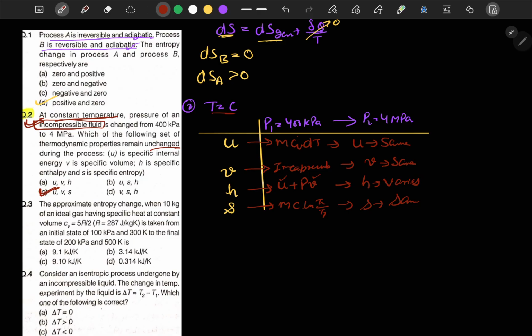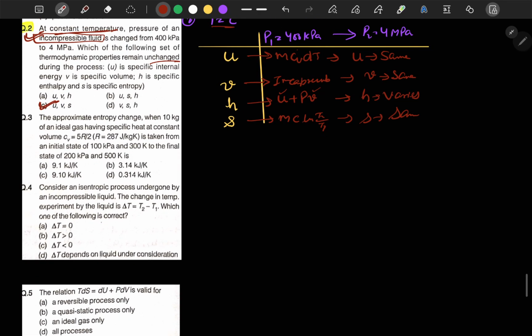Okay, now moving to the next question. It is asked: the approximate entropy change when 10 kg of ideal gas having a specific heat at constant volume 5 R by 2, R equal to 287, is taken from an initial state of 100 kilopascal and 300 Kelvin to a final state of 200 kilopascal and 500 Kelvin.